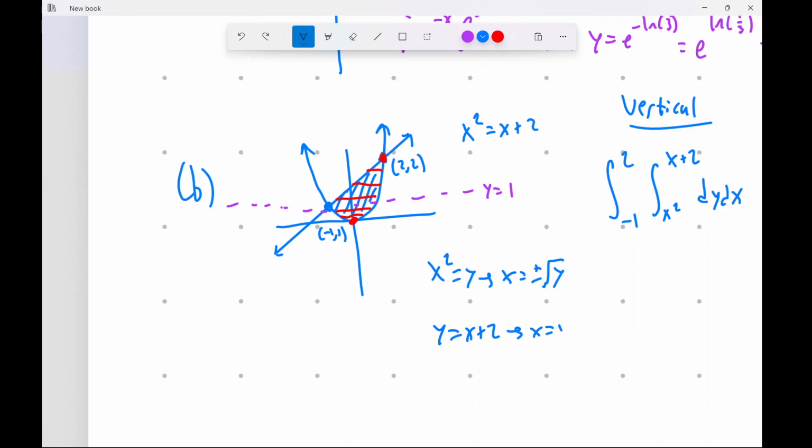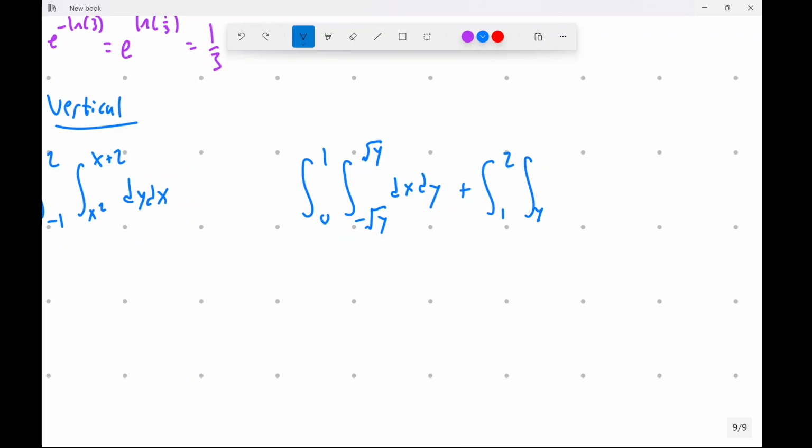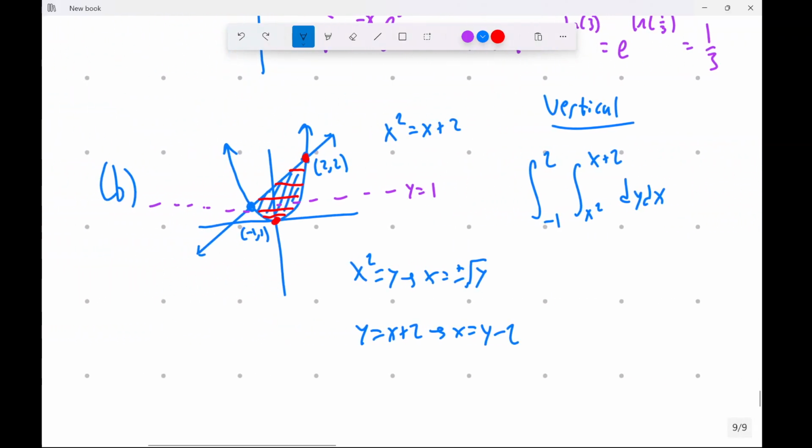And so x is going to be y minus 2. And the upper curve, again, is going to be root y, because that is the right side of this parabola, is root y.